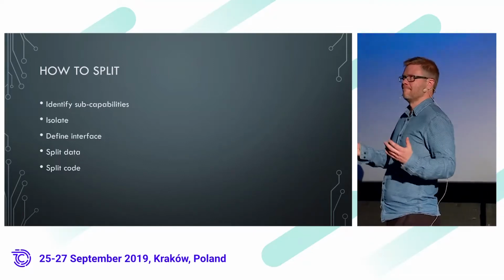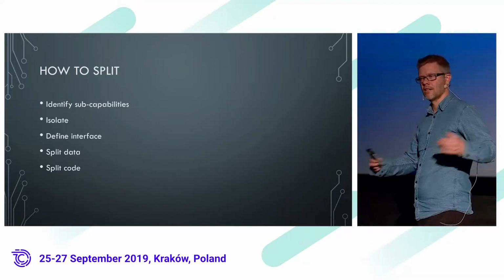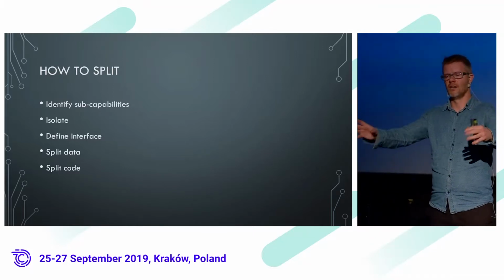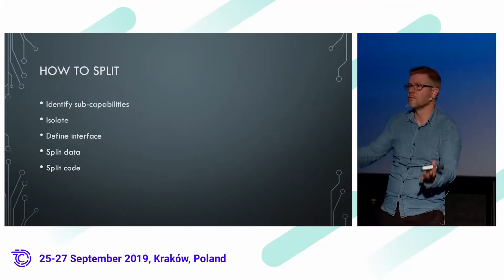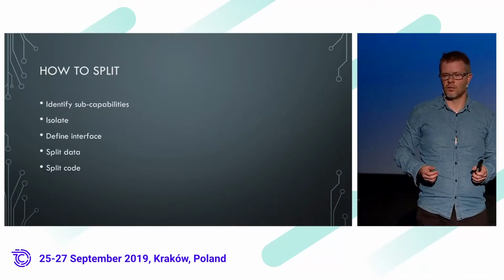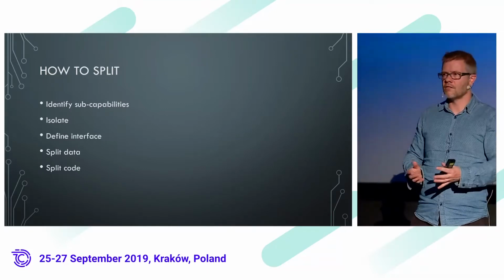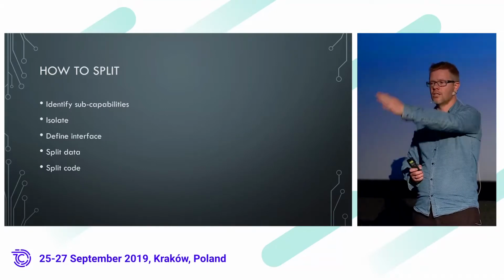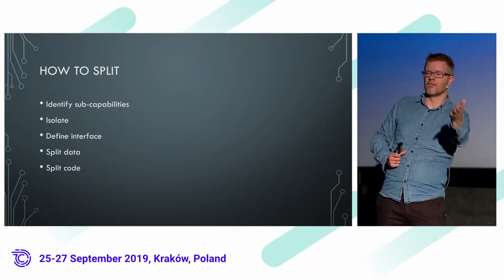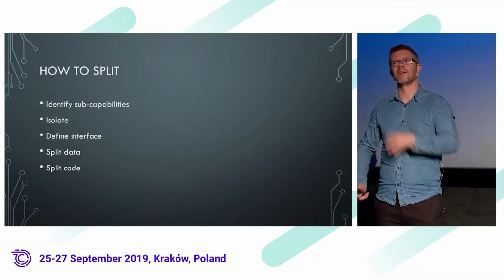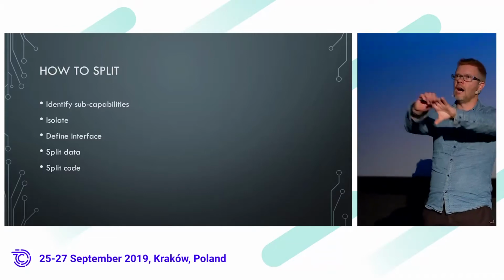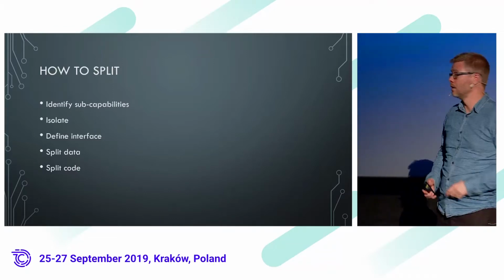This is day-to-day refactoring: splitting things up into different components, in different namespaces depending on your language. Define an interface between them. Make sure you understand how those two components within the microservice communicate, because that's going to model how they communicate when you split them for real.